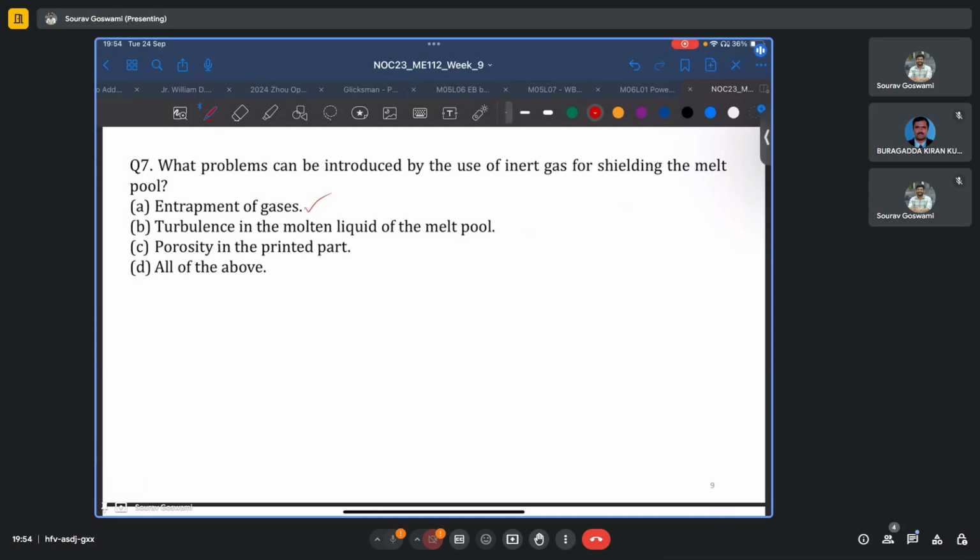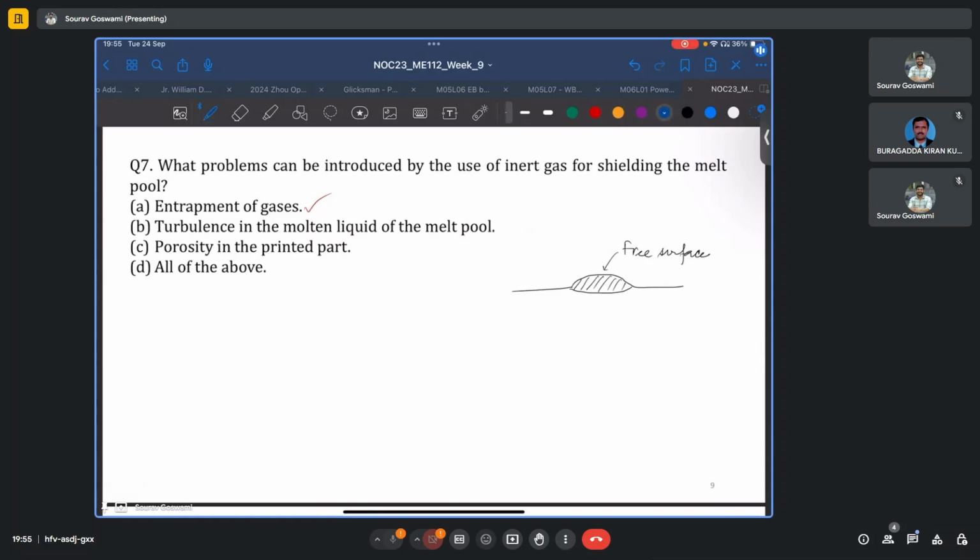Does it lead to turbulence in the molten liquid of the melt pool? Because the gas flows over the molten surface of the pool. So if we see a cross section of a melt pool, there will be some dilution. Now this top surface is free. That is, it will interact with the surroundings and may change its shape.